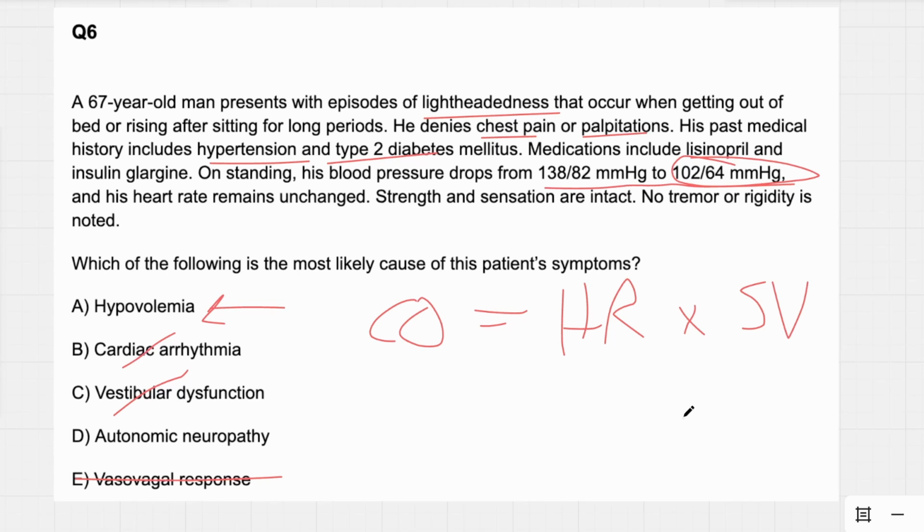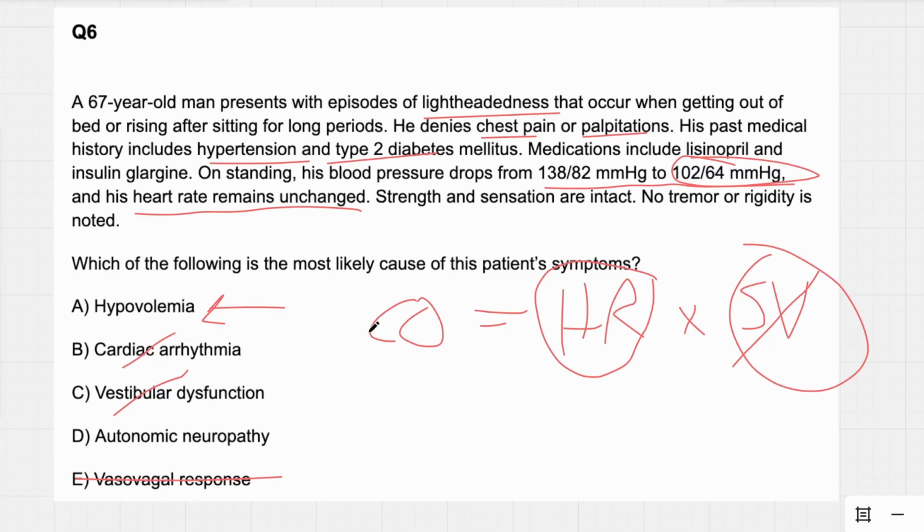So the problem when you stand up is suddenly your stroke volume falls. Okay, so this is the problem. Decreased preload, less stroke volume. Sympathetics are supposed to make your heart rate increase. So this is why people with hypovolemic orthostatic hypotension tend to get tachycardic alongside their hypotension. But this guy, his heart rate remains unchanged.